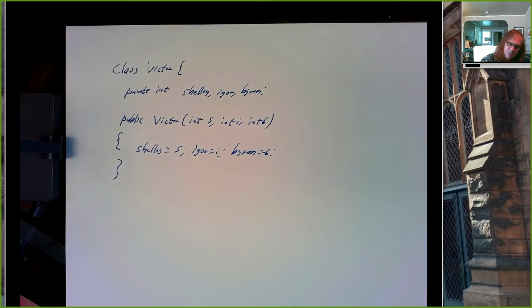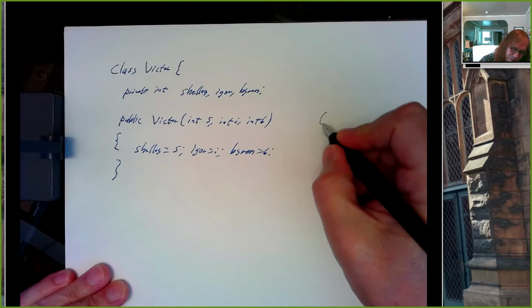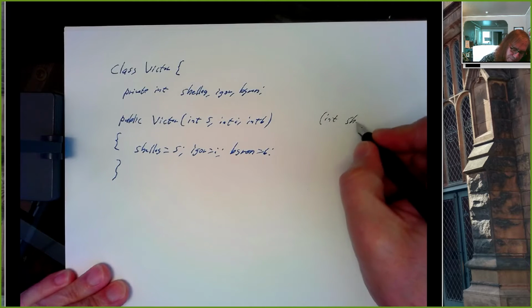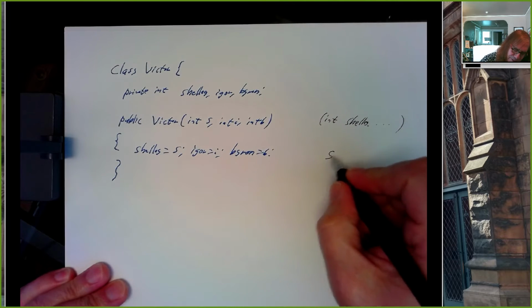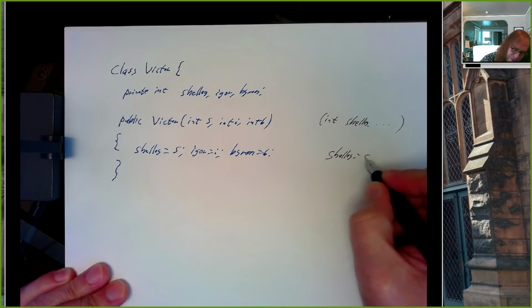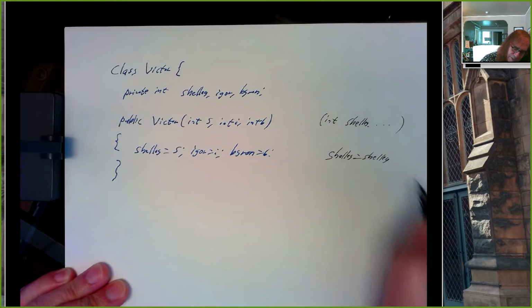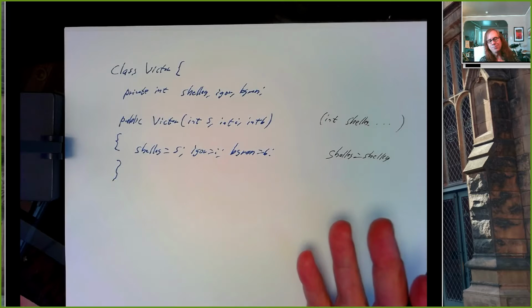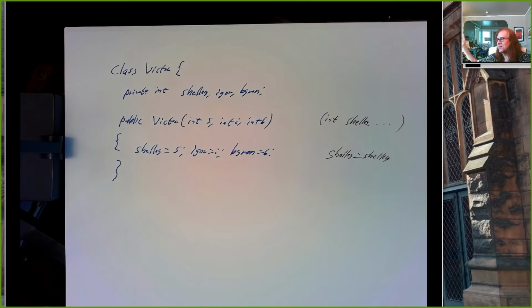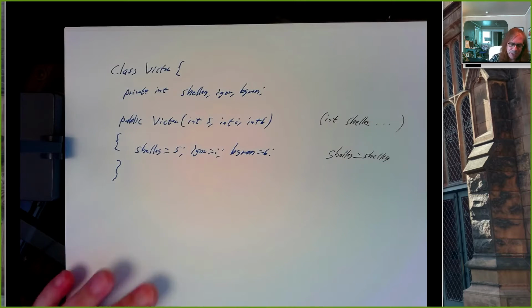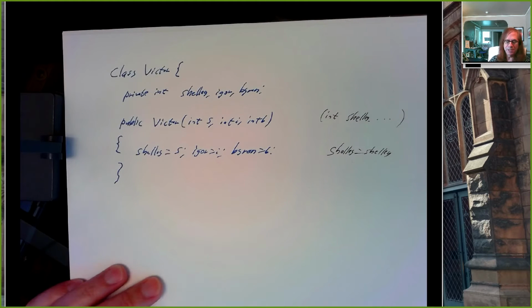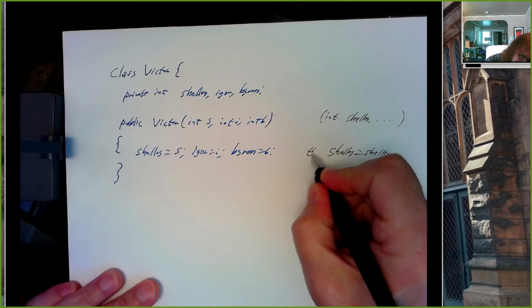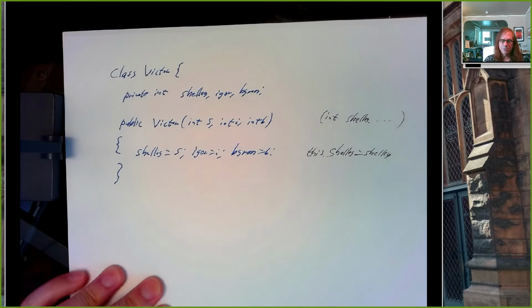Now, what you would typically see would be the argument names would be like integer Shelley, which would make this assignment statement something like Shelley equals Shelley. Except this doesn't do anything, right? Making a statement like x equals x doesn't change the value of x. What we need to do here is one of a few cases where we actually need to use the keyword this, and we could say this dot Shelley equals Shelley.